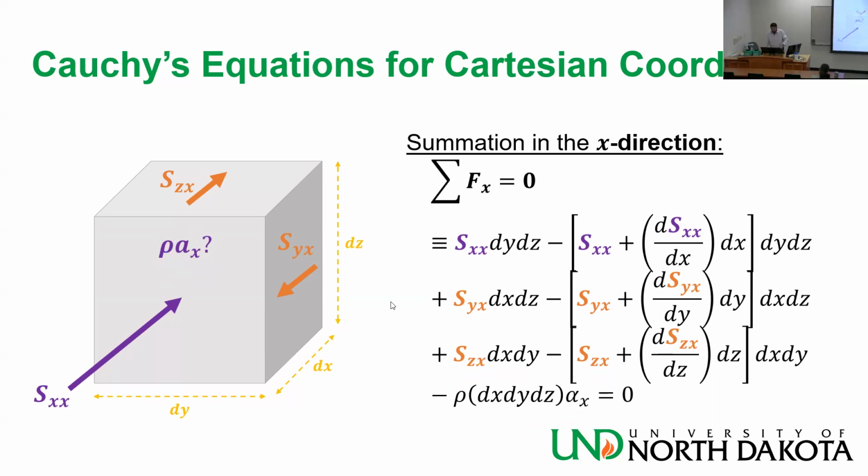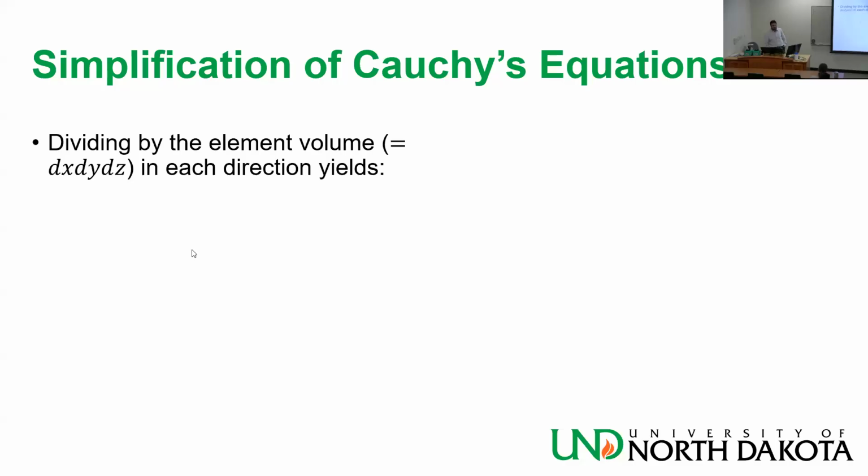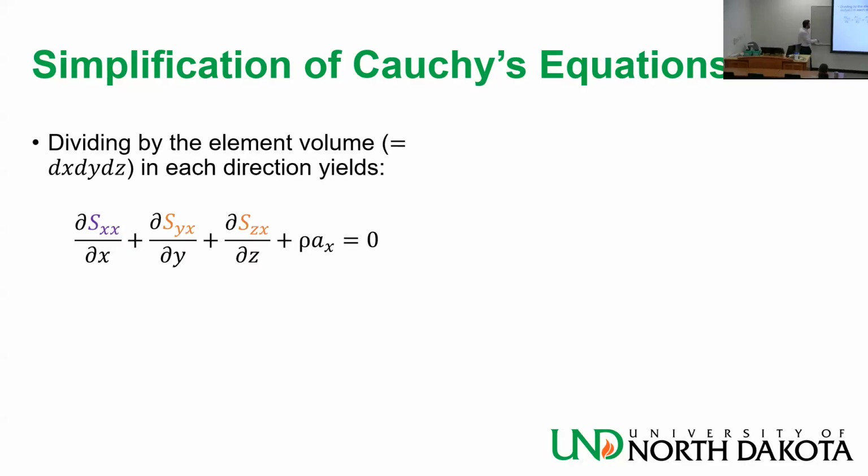So we did the summation of the forces in the x direction. They should all be equal to 0. And now we want to simplify everything by dividing by the REV, the representative element volume, which is dx, dy, dz, in each direction. We are going to end up with something like that, which is much cleaner. Right?